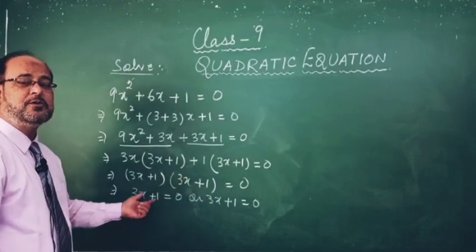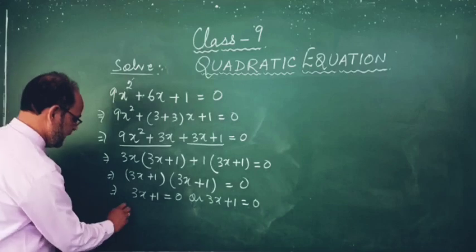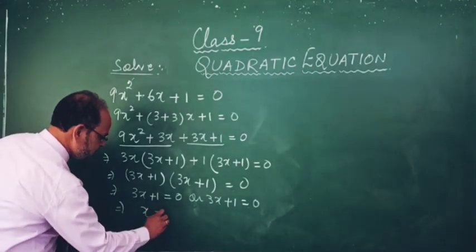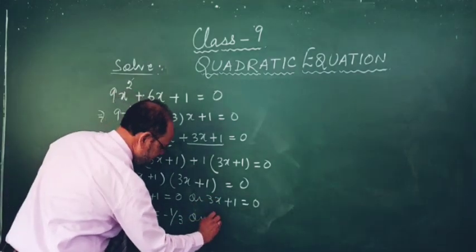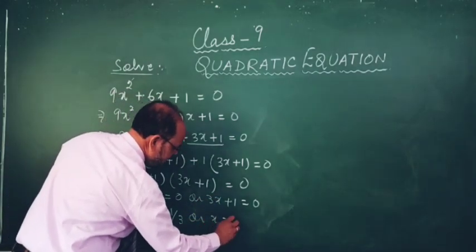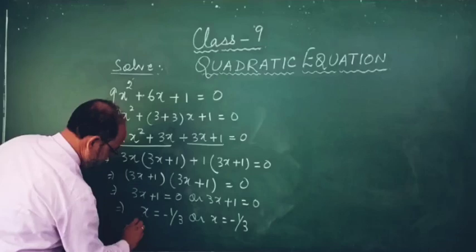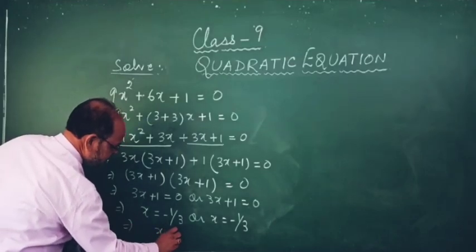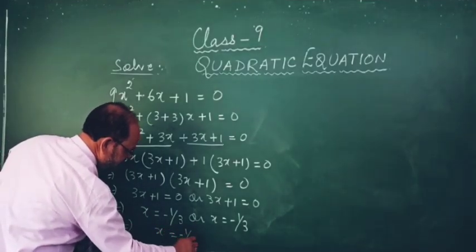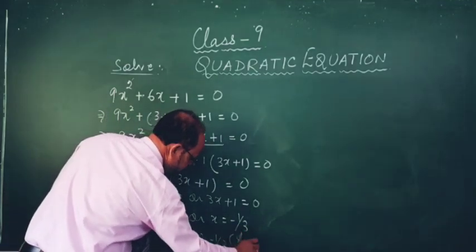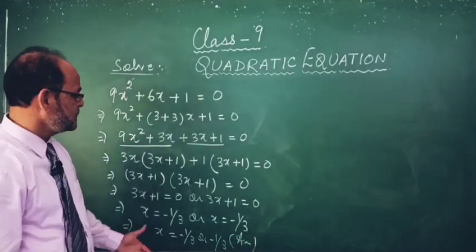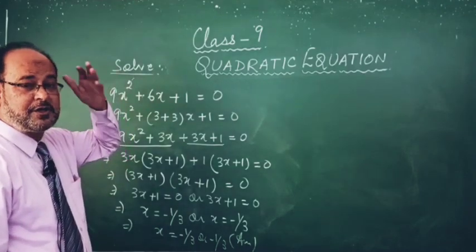Then x equals negative 1 upon 3, or here also negative 1 upon 3. So your answer will be x equals negative 1 upon 3 or negative 1 upon 3. This is the way you will do this question.